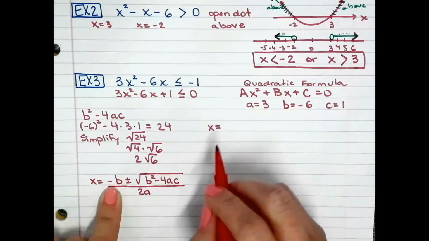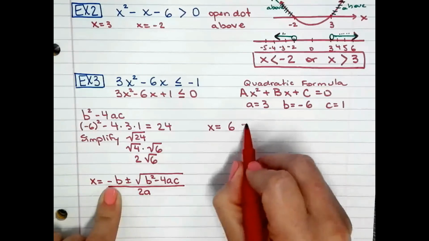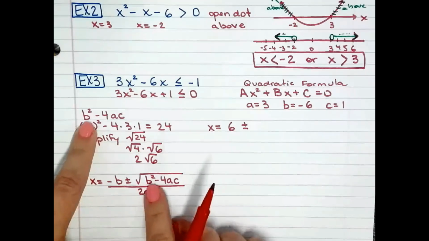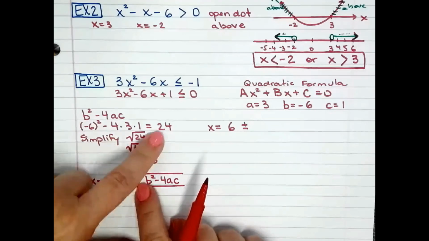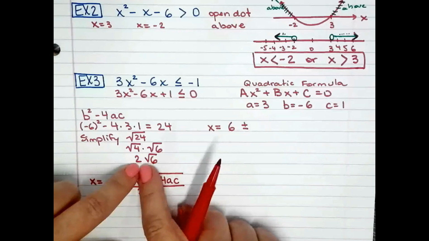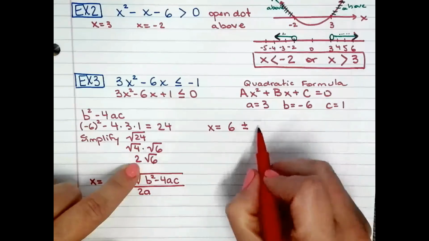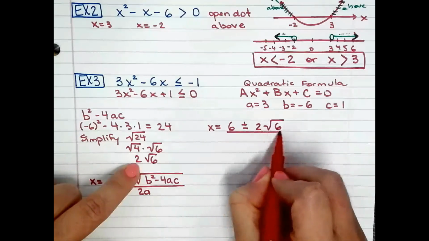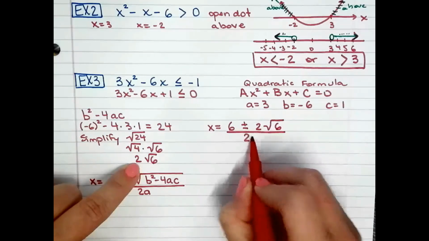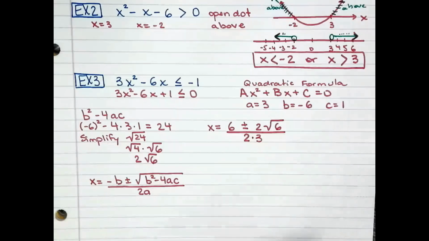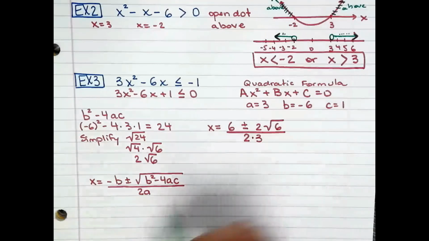Two negatives make a positive. So 6 plus or minus the square root of b squared minus 4ac. I got b squared minus 4ac is 24. I simplified. I got 2 square root of 6. Everything divided by 2a. 2a is 3. If you want to go ahead and make that a 6, you can. It doesn't matter to me.